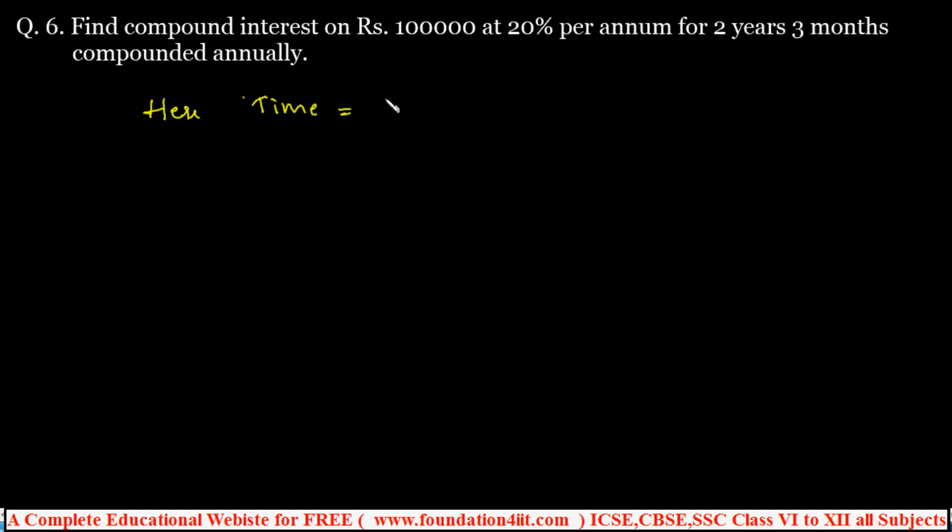Time is equal to 2 years 3 months. The months, if you convert into years and write in fractions, is 2 and 3 by 12, because to convert months into years you divide by 12. This 3 by 12 is 1 by 4. So 2 and 1 by 4 now.